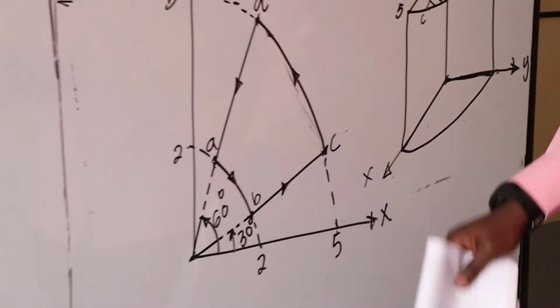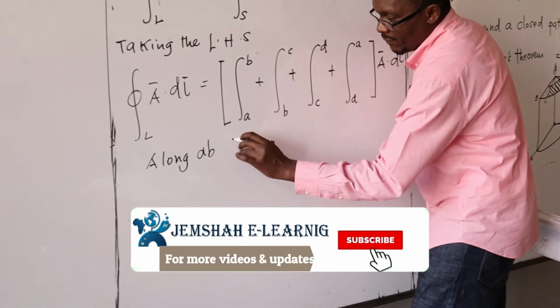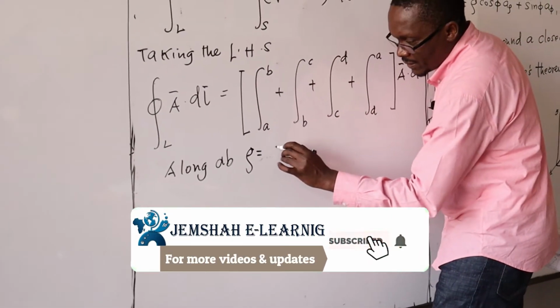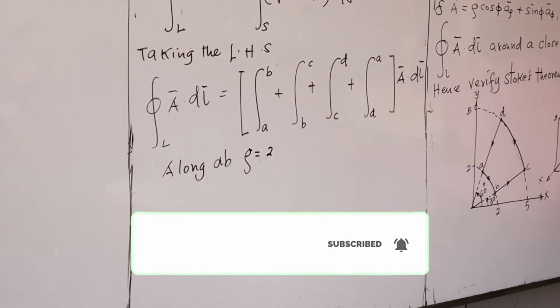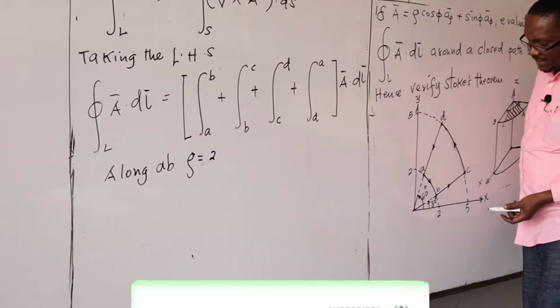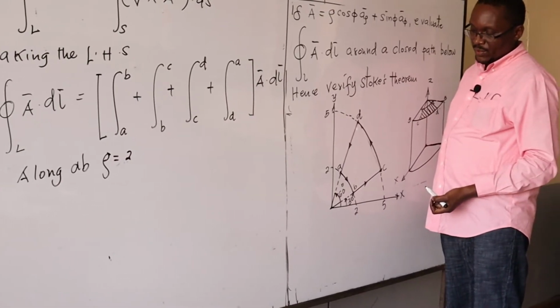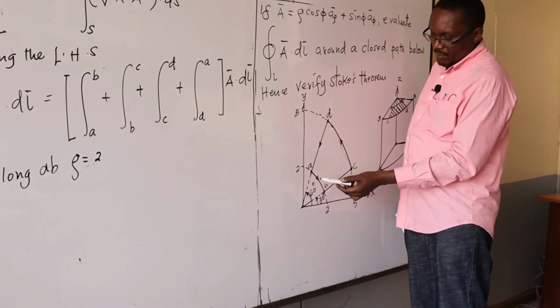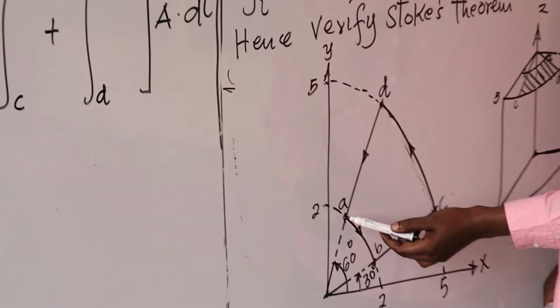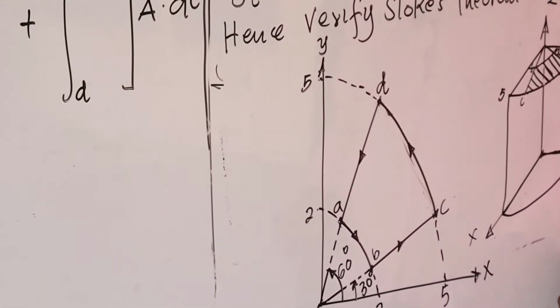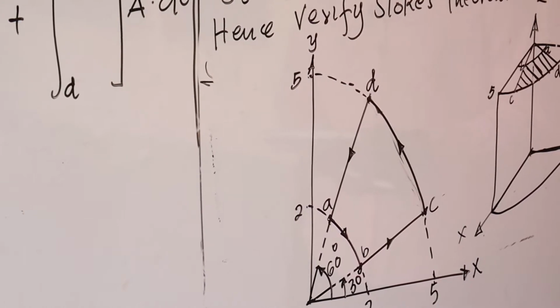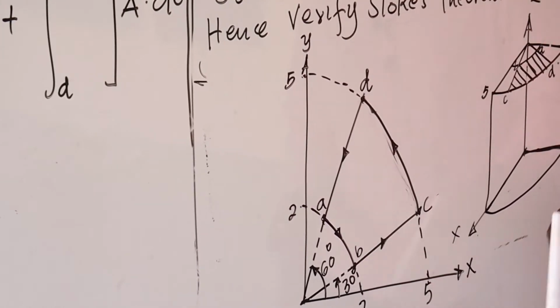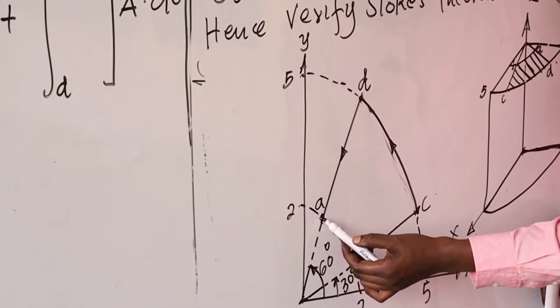So along that path AB, the value of rho, which is the radius of the cylinder, is equal to 2. And whatever is changing here is also very important, because I'm moving from A to B. Our length from A to B will be important. So what is changing from A to B?